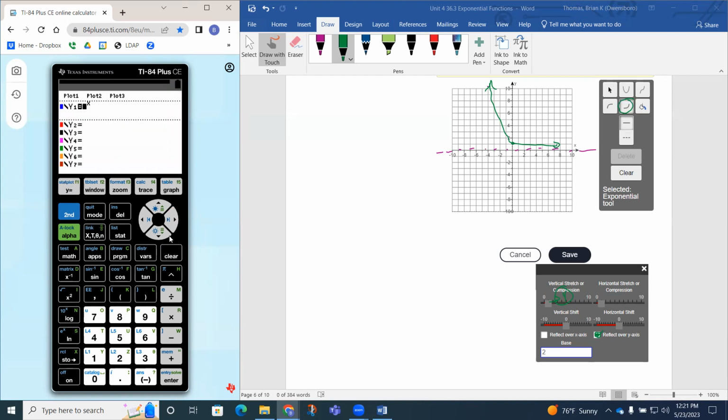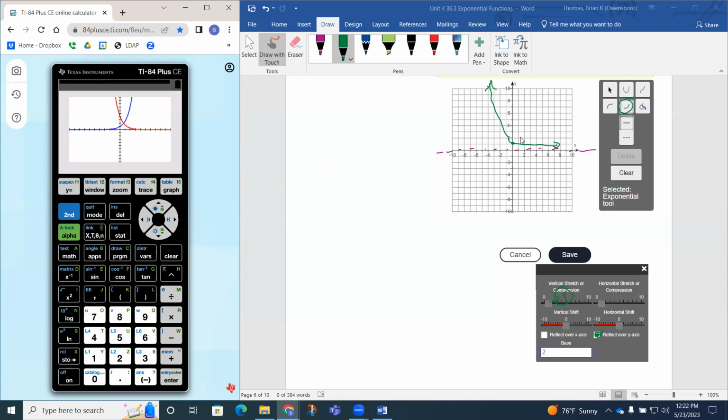So I go y equals, and if I do 4 to the, oops, sorry, back up. Let me start that all over again. 4, and then I need an e, so second e. I need a negative x there. I hit graph. Notice that the graph does mirror what we did here.